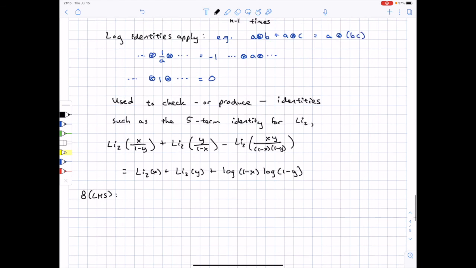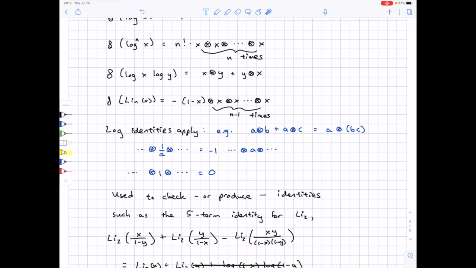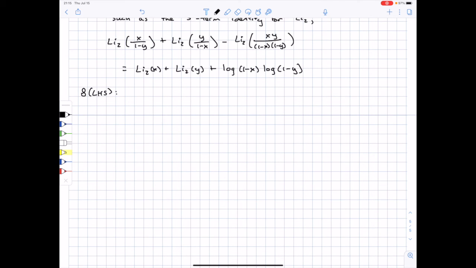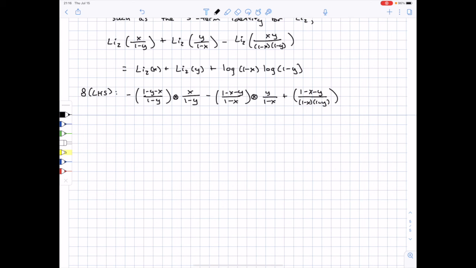Using this formula we have here for Li n, for the symbol, we start writing 1 minus, and then 1 minus that, which is 1 minus y minus x over 1 minus y, tensor x over 1 minus y, minus, and then 1 minus the next argument, which is 1 minus x minus y over 1 minus x, tensor y over 1 minus x, plus now 1 minus this argument, which is 1 minus, multiplying out the denominator, we get 1 minus y minus x plus xy, but then that's the part that's added back in, over this product of factors in the denominator, tensor xy over 1 minus x, 1 minus y.